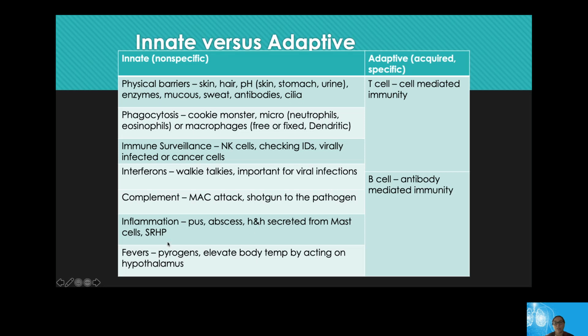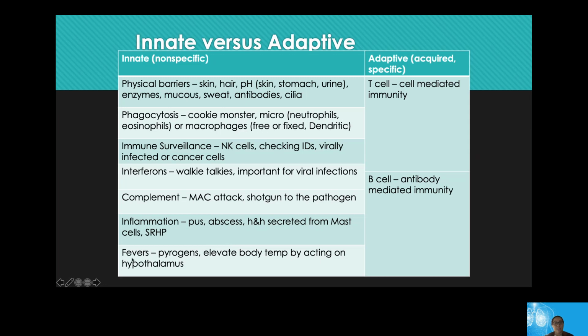That triggers these reactions to occur, and then it causes an inflammatory cascade. Now, if that cascade happens, this is when you're going to expect to see a little bit of pus. Occasionally, pus can get trapped underneath the skin or underneath a layer of tissue, and that creates an abscess. Small amounts of inflammation are actually useful to infections. Large amounts of inflammation can sometimes actually hinder the body's repair.